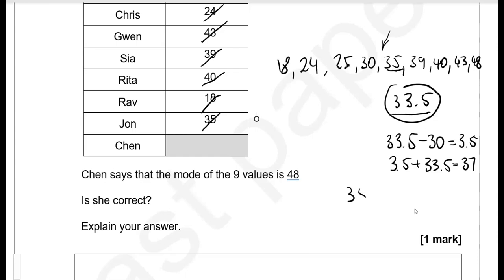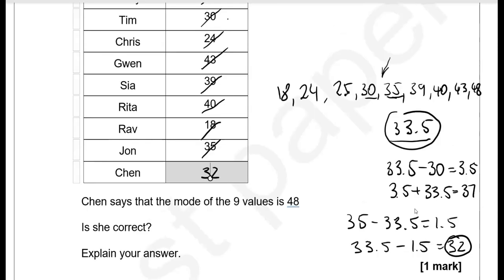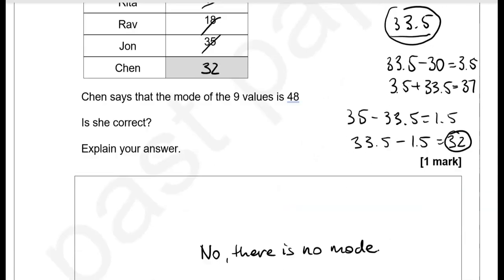So 35 take away 33.5 gives us 1.5. 33.5 take away 1.5 gives us 32. And that number sits in between 30 and 35, so it does work. So 32 is the value for Chen, the number of days.